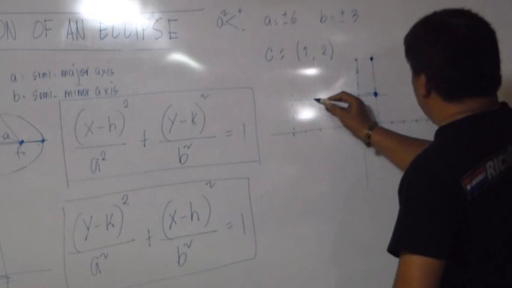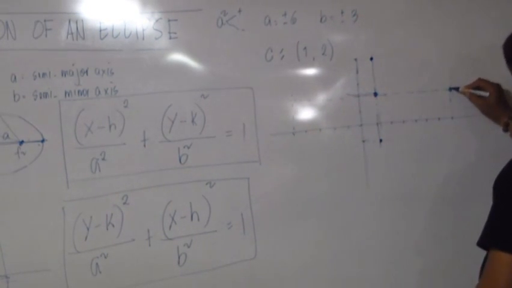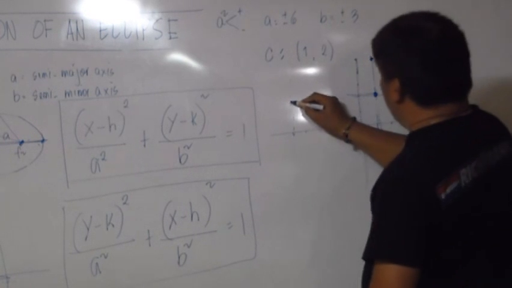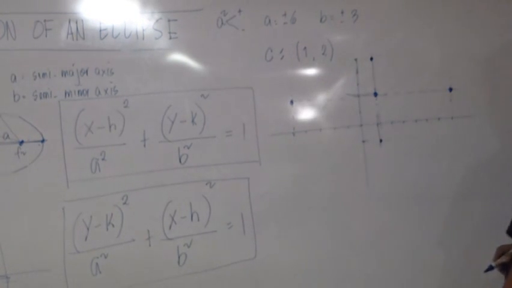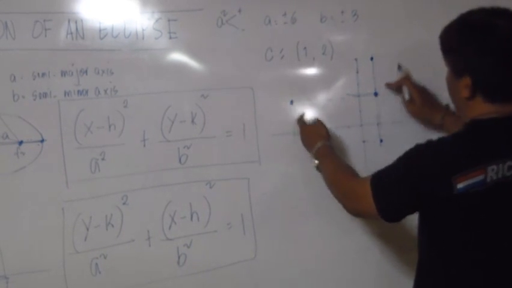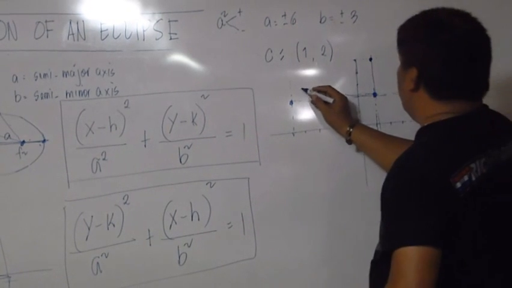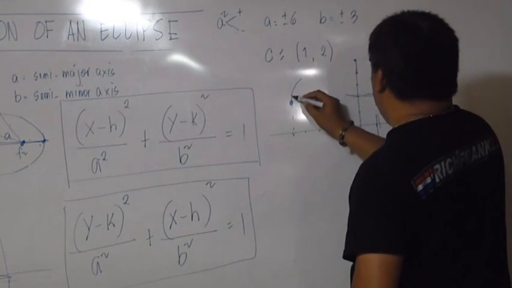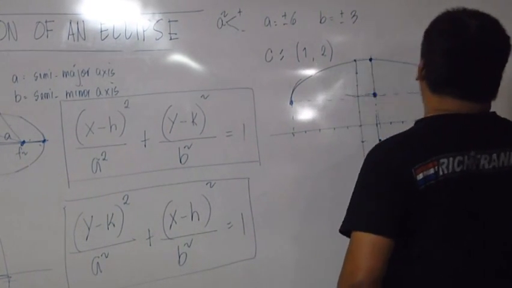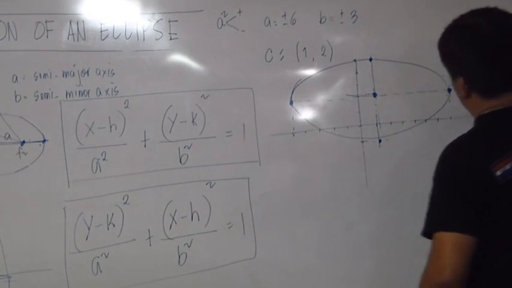Also, if you extend the horizontal straight line through the center, it will have this point and that point as the left and right vertices. Here we have our A, the longer or major axis, and we also have the minor axis here. So if you trace the ellipse, it is something like this figure.